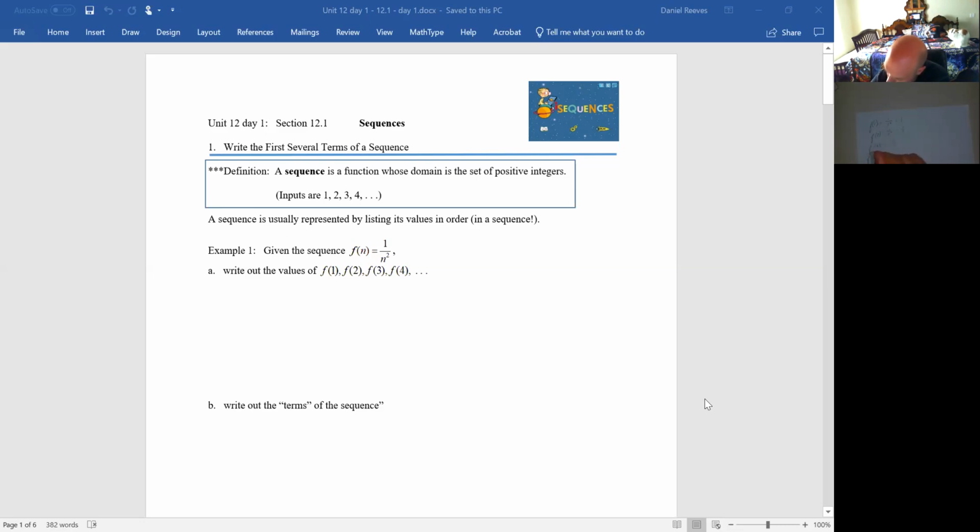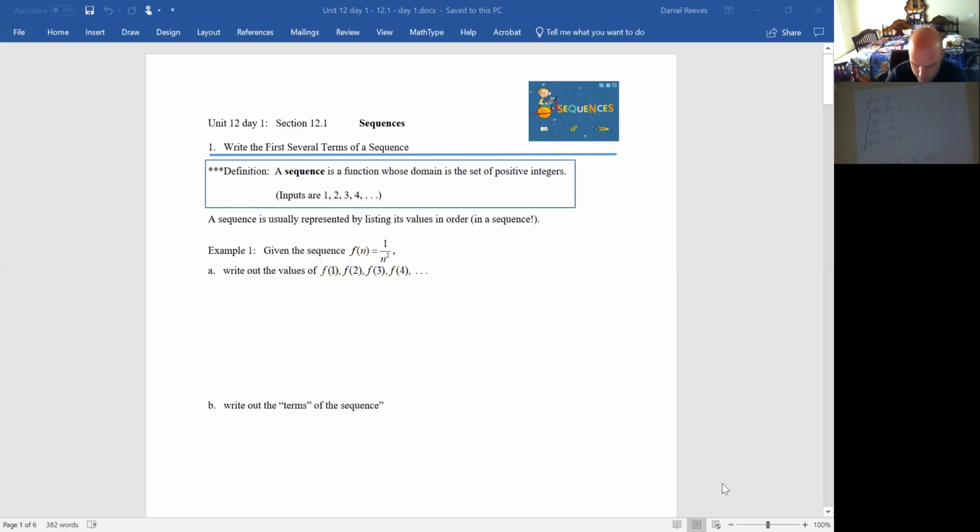F of 4 will be 1/16. And f of 5 should be 1/25. I have a perfectly good sequence. Write out the terms of the sequence, and those would be just 1, 1/4, 1/9, 1/16, and 1/25.